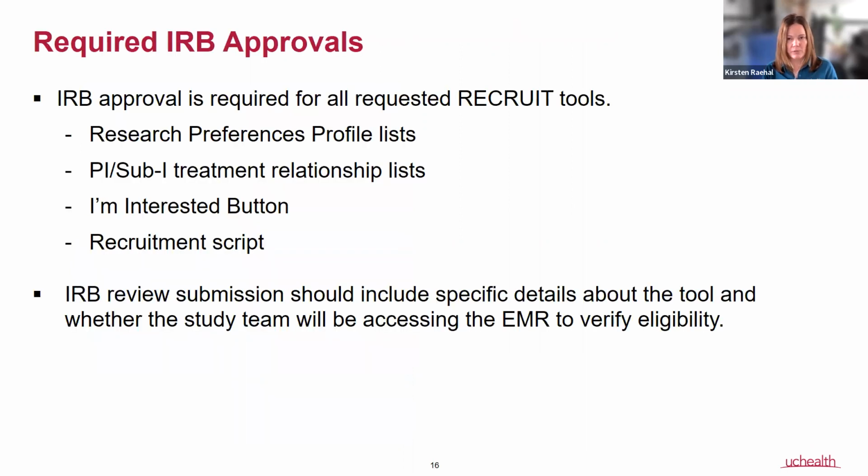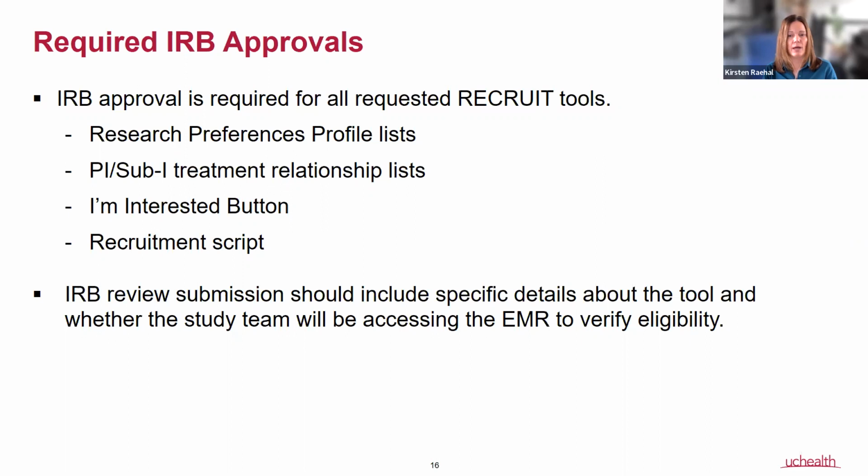We've had a number of study teams reach out and ask us what they should be submitting to the IRB for approval. Essentially, what I want to point out is IRB approval is required for all requested recruit tools. So if you request research preference profile list, you need to have the IRB approve the use of that tool.